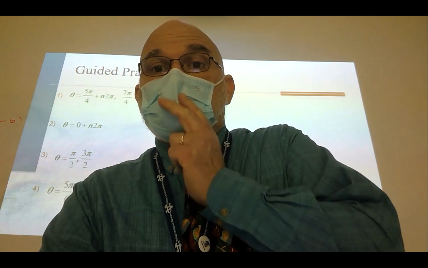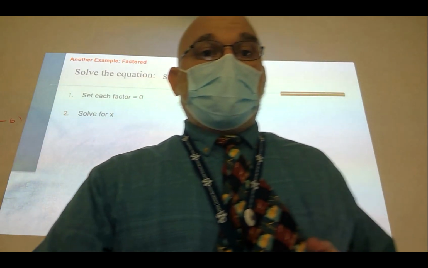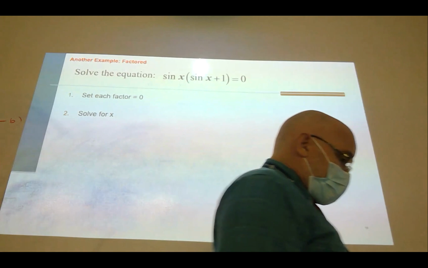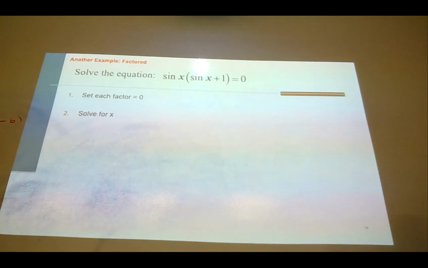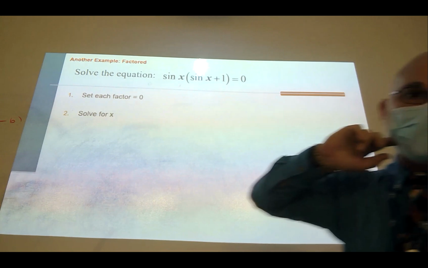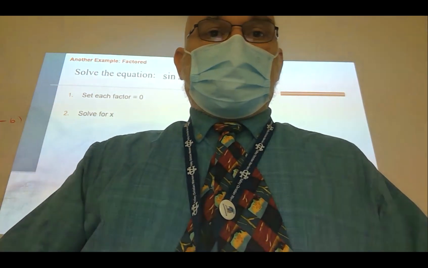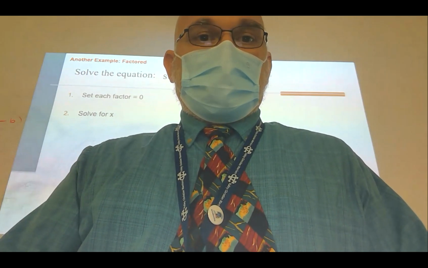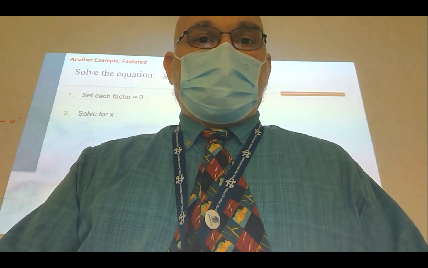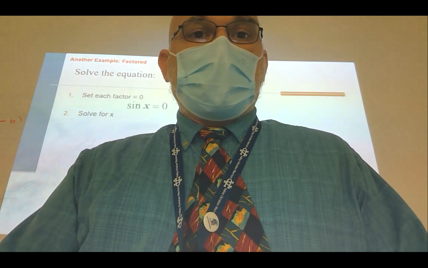Now, when we're doing these, we have to be a little bit careful, because we have to make sure we don't divide by 0 or do weird things. So let's solve one where I've really got two answers, because either sine of x is equal to 0 or sine x plus 1 is equal to 0.